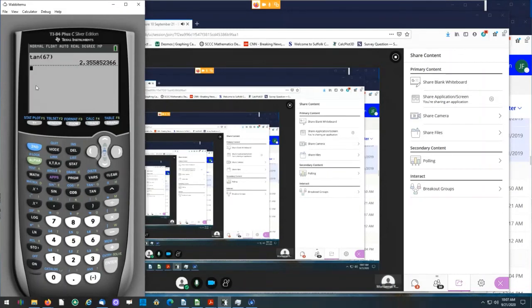Now if I truly want 67, this is 67 degrees right now, even though it's hard to see. But if I wanted it instead to be, I'll put this variation over here, just so you can see the picture. This is the 67 degrees, but it looks like this on the calculator.